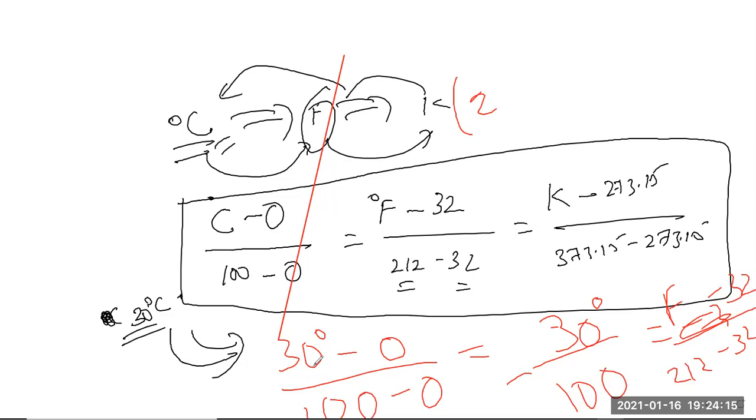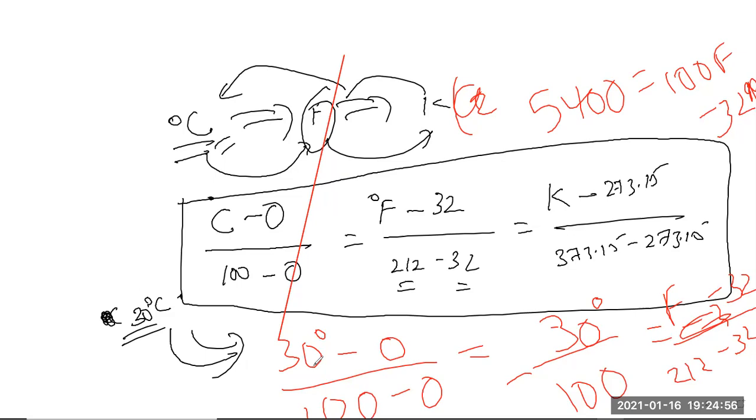So 30 into 4, that is 3200, okay? Because 100 into F minus 32 is 100F minus 3200.